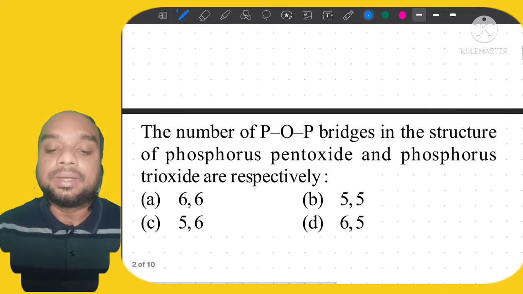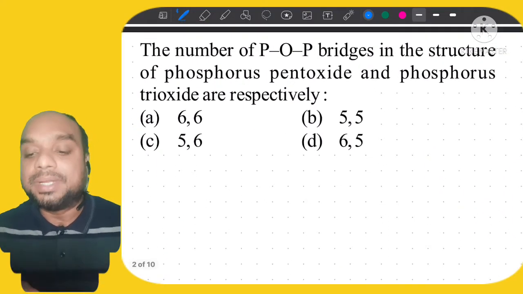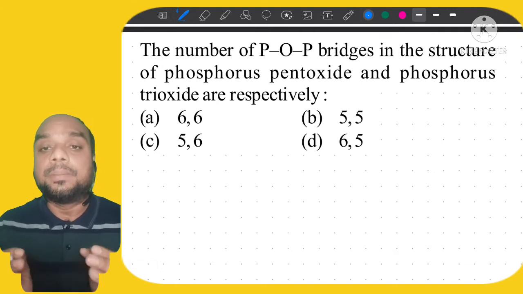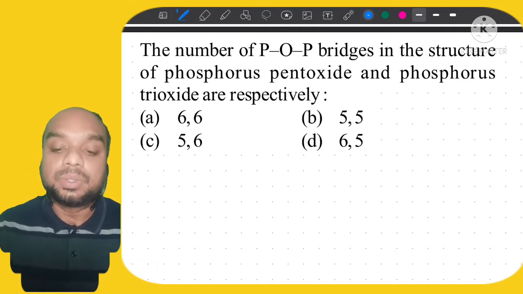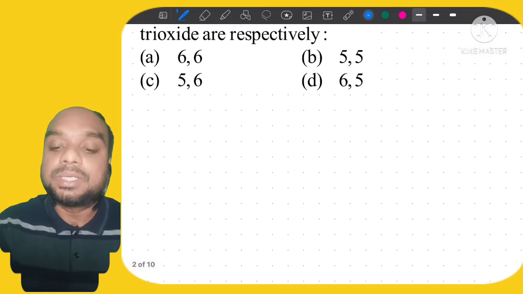Next one: the number of P-O-P bridges in the structure of phosphorus pentoxide and phosphorus trioxide, respectively. So I am drawing phosphorus trioxide first. You can draw the structure like this.